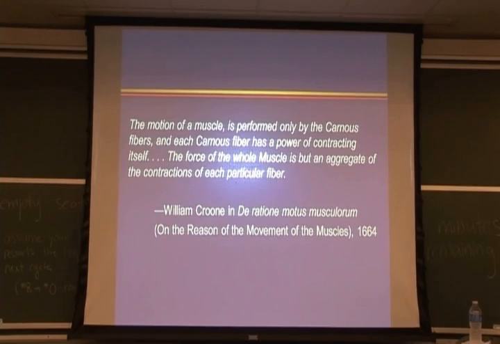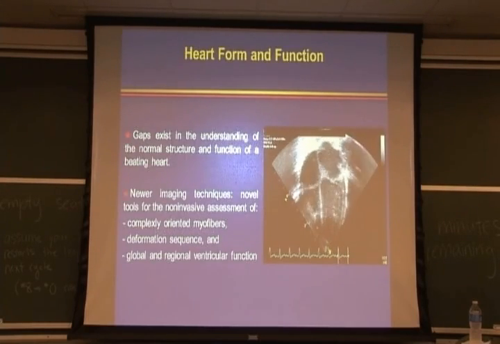But in a heart which is functioning in a patient or in an in utero situation, you cannot study the individual myocardial fibers, and you cannot understand its different movements and deformations and other things which come with it.